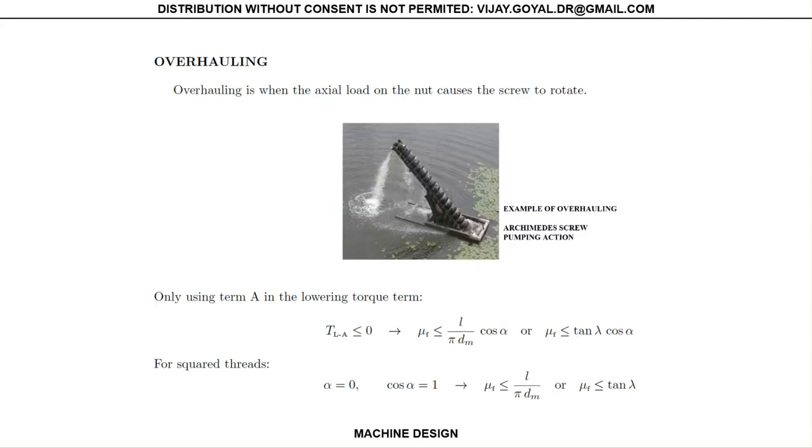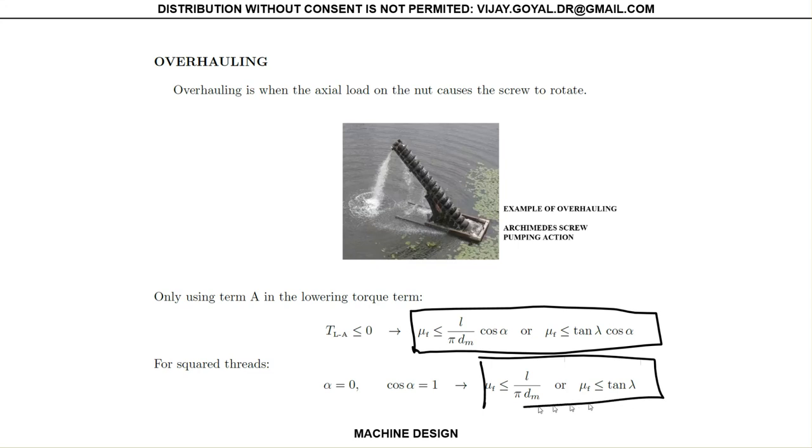Now, the case of overhaul. The only example I could possibly find is this water flow system where it's basically rotating by itself. It's not requiring much torque. Actually, it's something like a negative torque. In that case, the condition for overhaul is given by this expression.